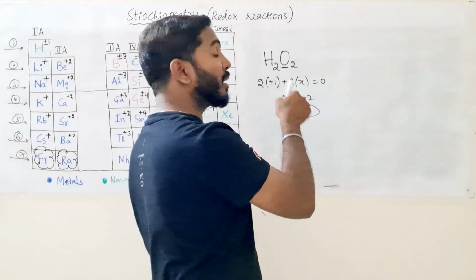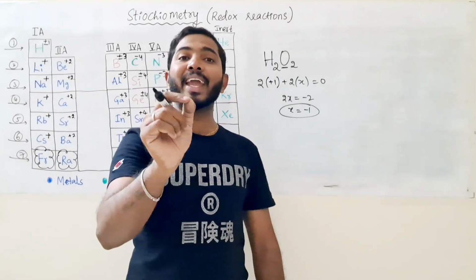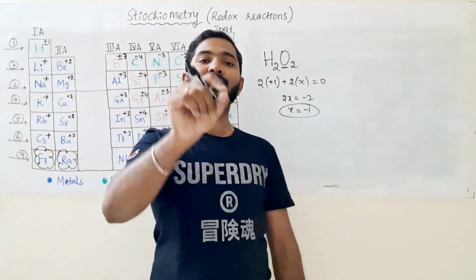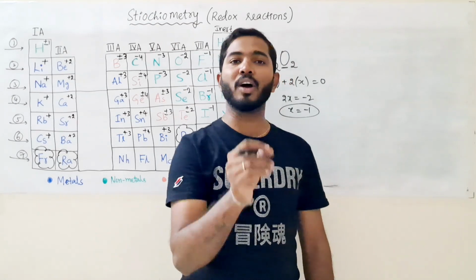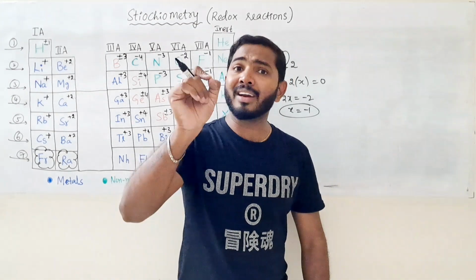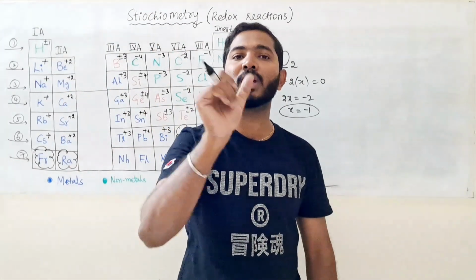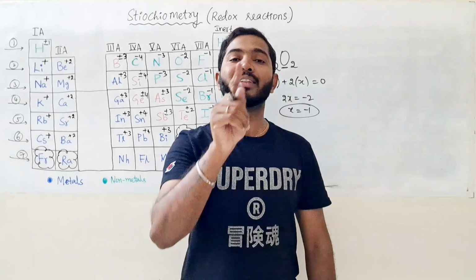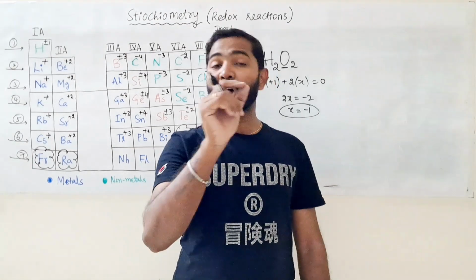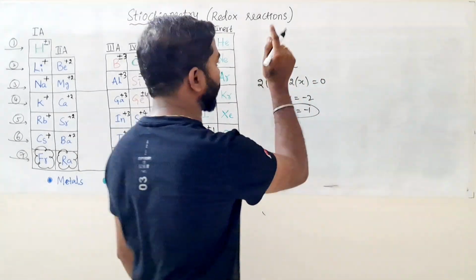The oxidation number of oxygen we got as minus 1, which indicates that H2O2 has a peroxy bond or peroxy linkage. I hope you understood. Generally, if oxygen has a minus 1 oxidation number, then a peroxy bond will be there in that compound. So this compound is hydrogen peroxide.